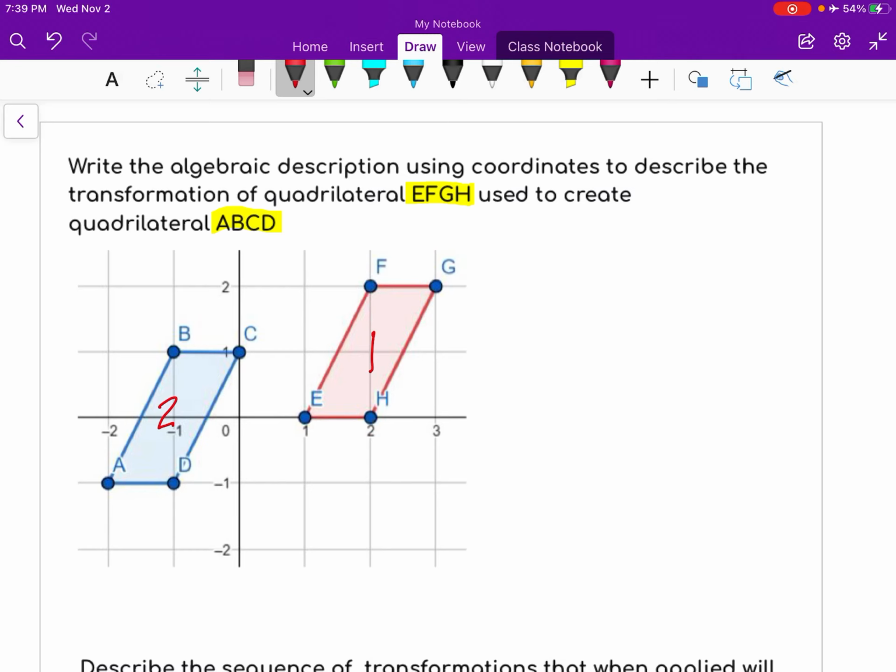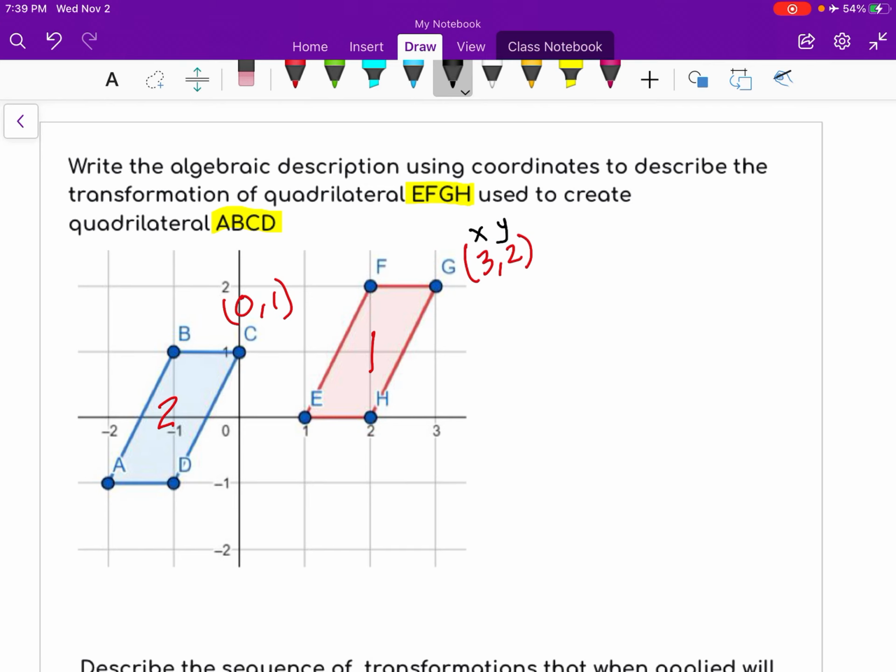So I'm going to pick 2 corresponding points. In this case, I'm going to pick point G and point C because they match each other. Point G is at the coordinate 3, 2, and C is at the coordinate 0, 1. Now all we have to do is figure out what happened here.